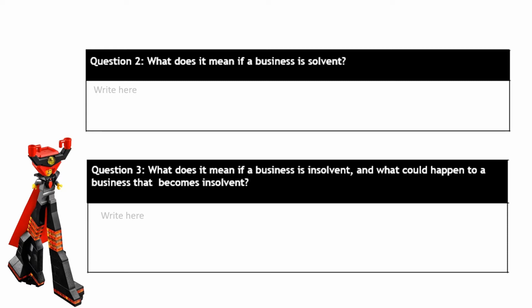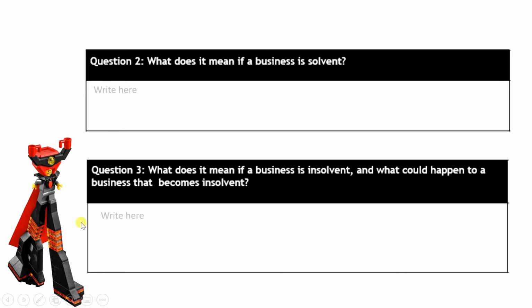Question 3, what does it mean if a business is insolvent, and what could happen to that business? Obviously, insolvency is the opposite of solvent. So if solvent is the ability to pay its debts, then insolvent means they've got no money to pay their debts. And if they've got no money to pay their debts, then how are they going to pay their suppliers?